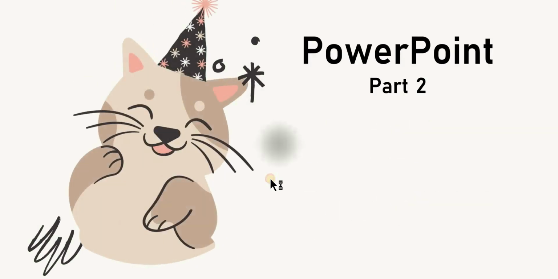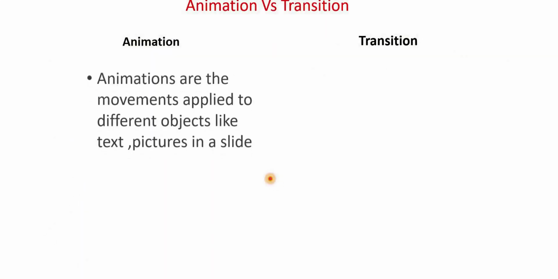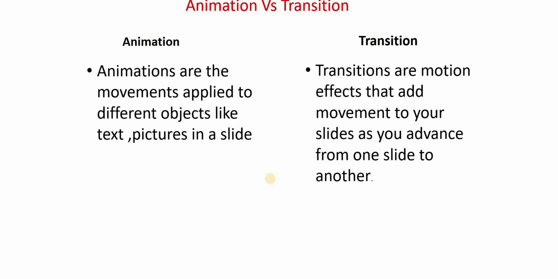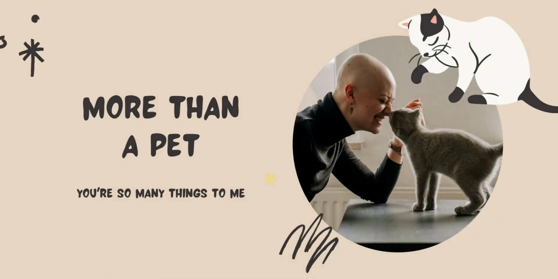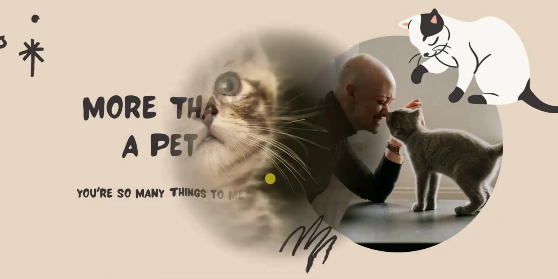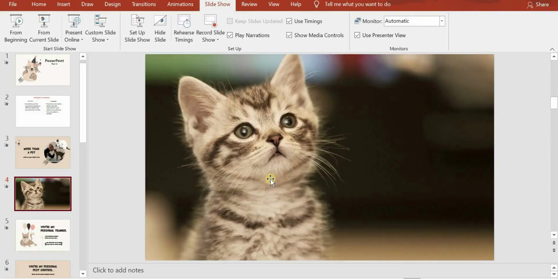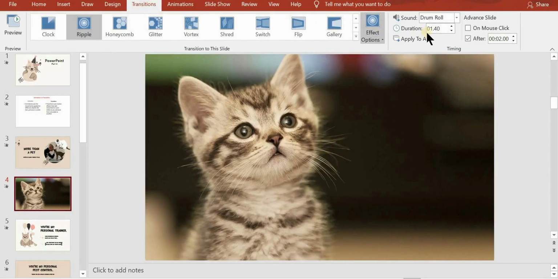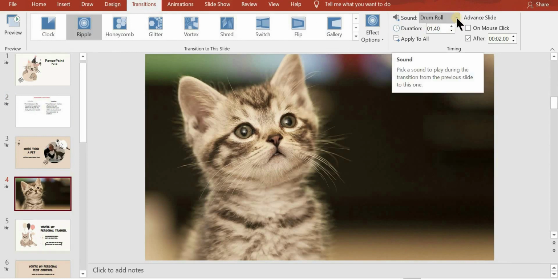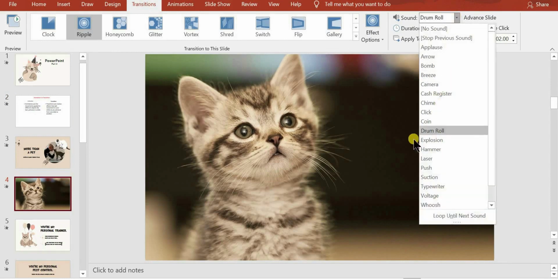Now you can see the drum roll, and for the second slide you can see the camera sound. Also, in some situations proper sounds are not available here, so we can select a sound from the other sound option.